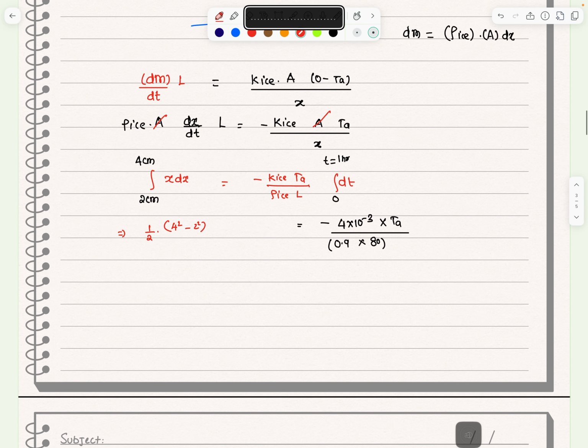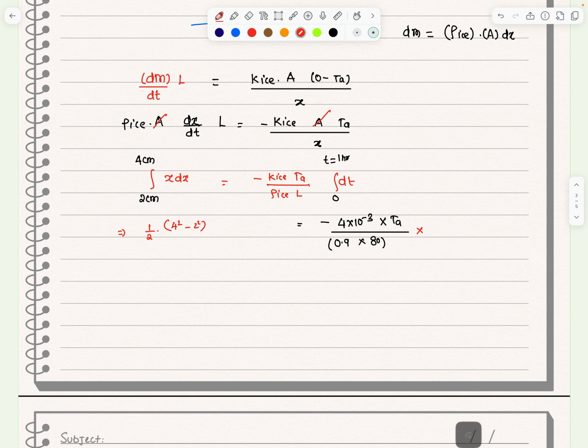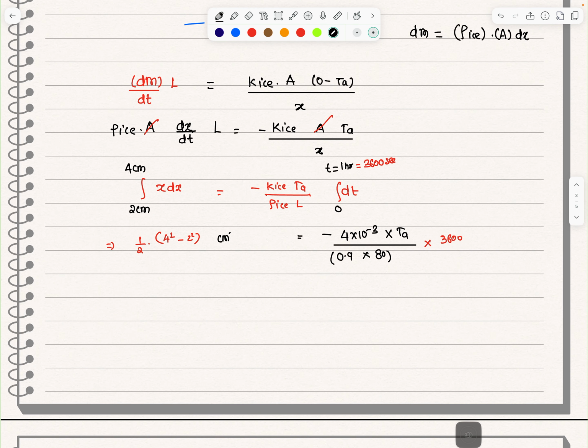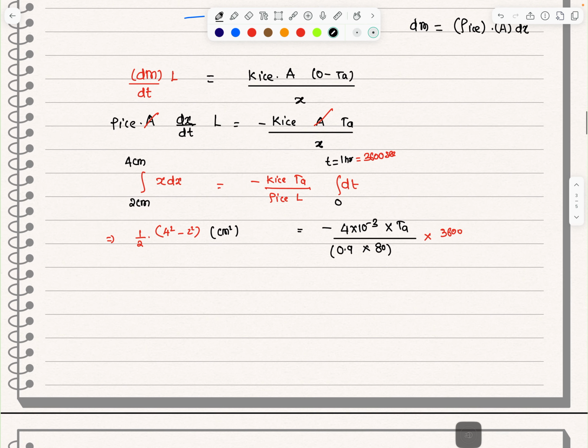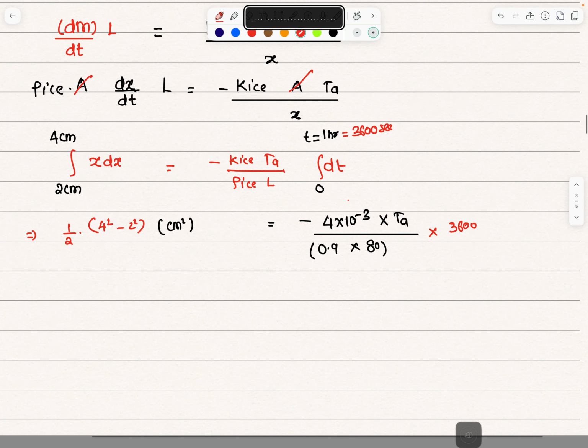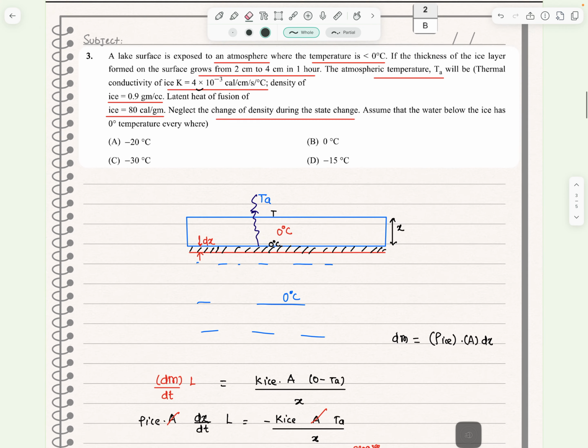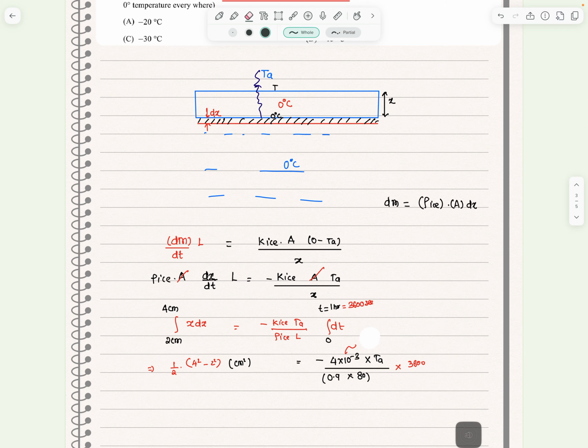Now you just take the basic dimensions. This is in hours, so let me convert it into seconds, that is 3600 seconds, into 3600. Okay, let's check the dimensions. Left hand side dimension is centimeter square. Right hand side, K of ice is calorie per gram, sorry, my mistake, calorie per centimeter per second per degree centigrade.